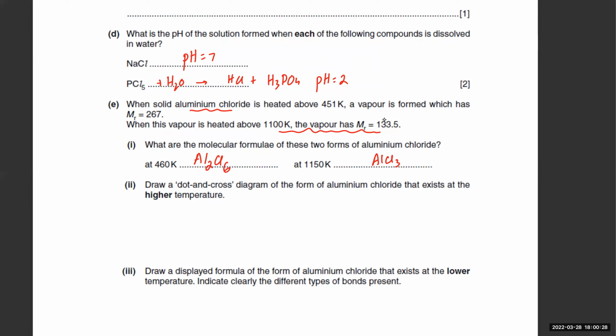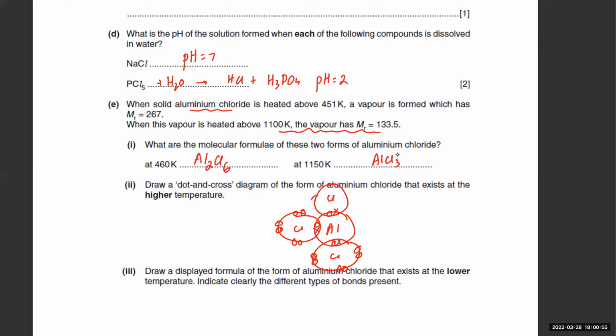So that exists at the higher temperature, which is this one. So that is simply Al with 3 Cls. And Al will form single bonds with each one of the Cls.